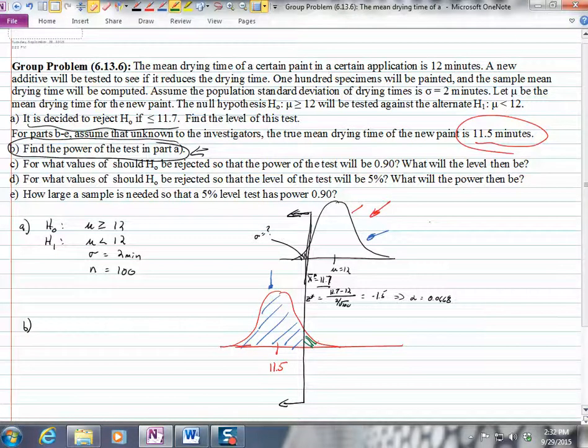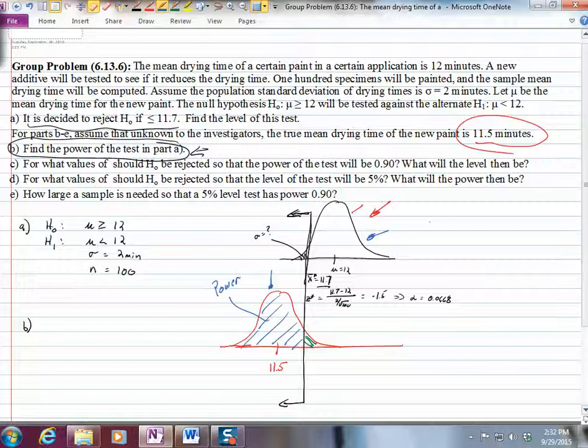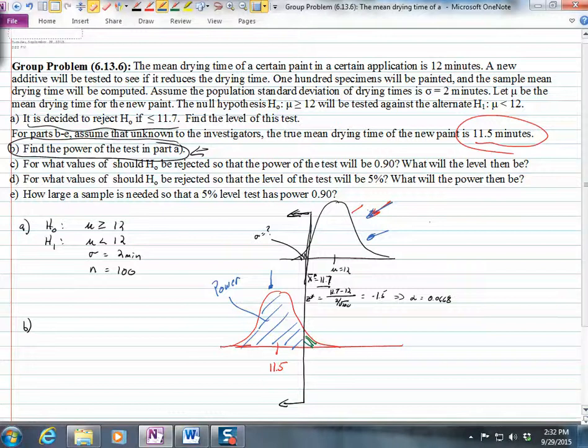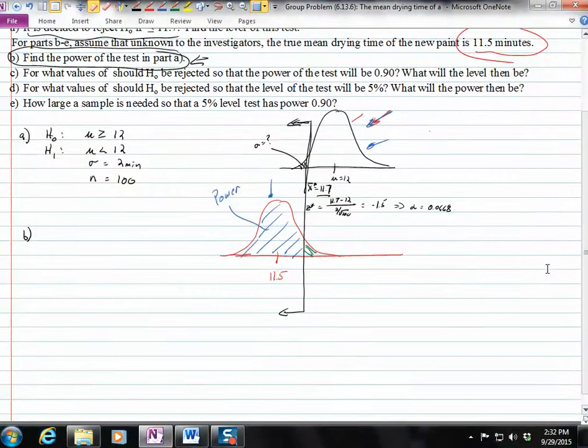That's power because that's how often we're going to make the right decision. The right decision in this case would be to reject this null hypothesis. And we're going to do it any time we get an x bar star that's in the rejection region. And green is the beta error.